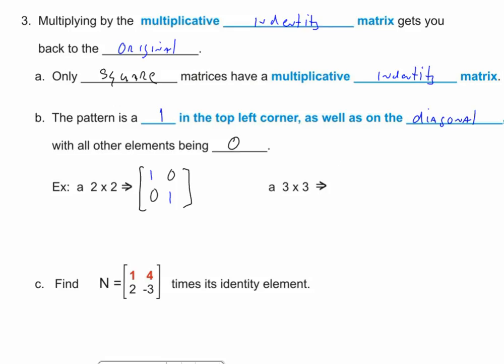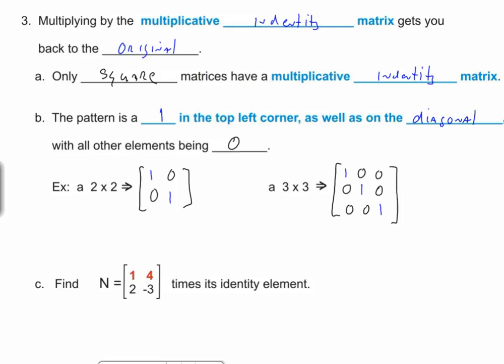So a 3 by 3 is real similar. You need a 1 top left, a 1 in the middle, and a 1 in the third column at the bottom. So we've got 0, 0, 0, 0, 0, 0, right?